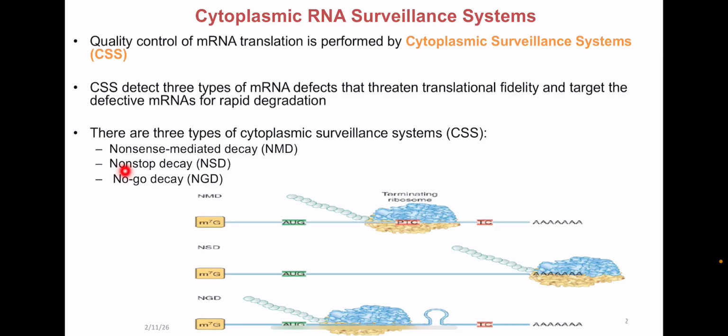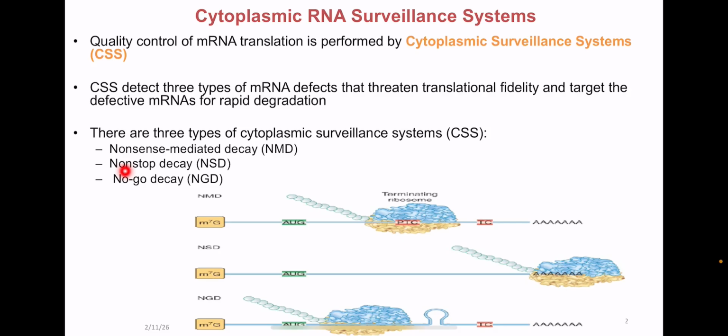It's not important. The second surveillance system is the cytoplasmic one, CSS. This one applies if the aberrant mRNA was able to escape the nuclear surveillance system, or probably it wasn't aberrant or mutated when it was leaving the nucleus, but after leaving the nucleus or upon entering the cytoplasm, something happened, right?